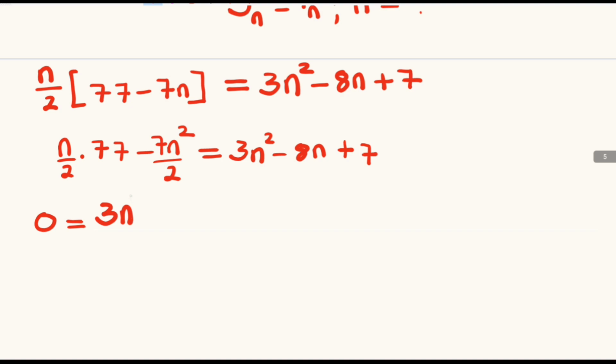3n squared, which we group with the positive 7n squared. So the 7n squared divided by 2 will change sign to positive.